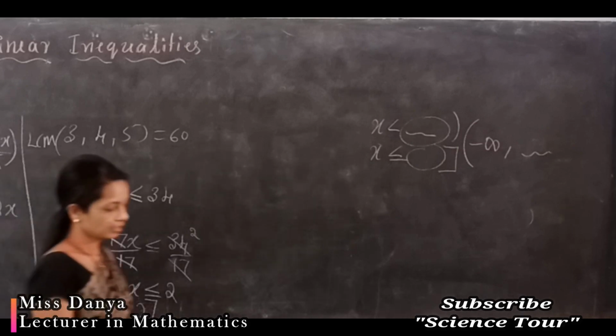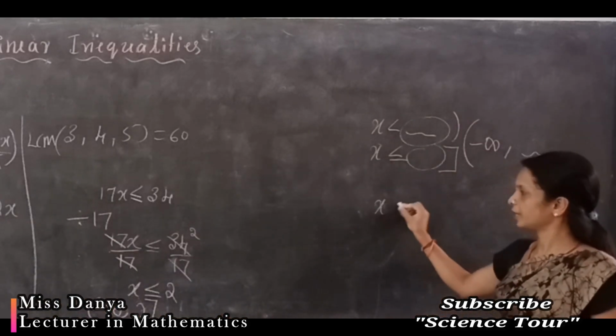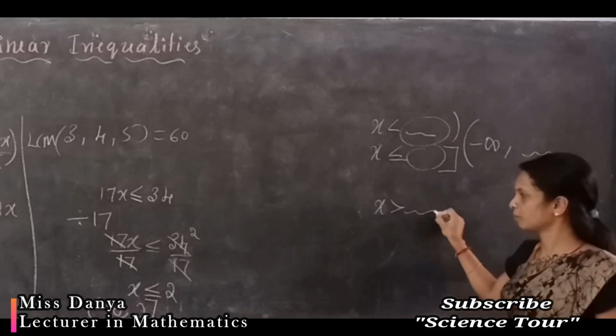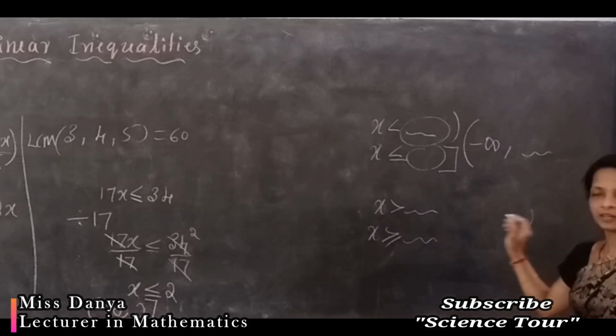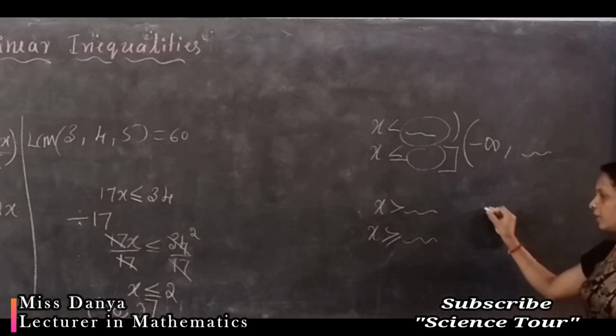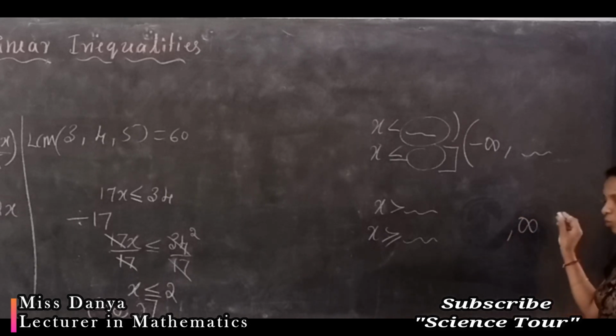And if, while simplifying an inequality, you get at the end of the simplification x greater than some number, or x greater than or equal to some number, then the real number solutions we are writing in the interval form, and in that interval the second number will be plus infinity, that you have to keep in mind.